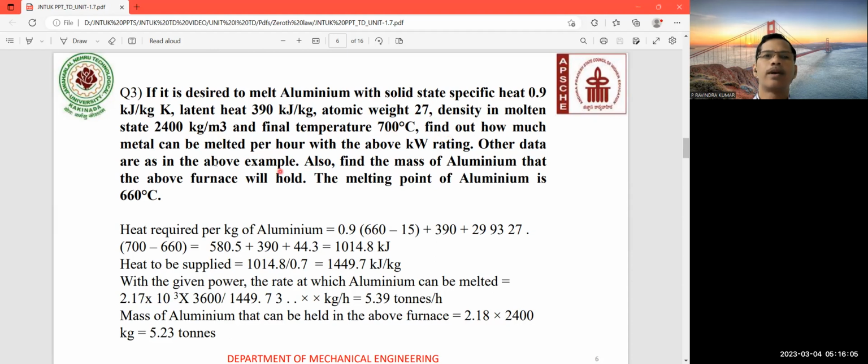Find out how much metal can be melted per hour with the above kilowatt rating.